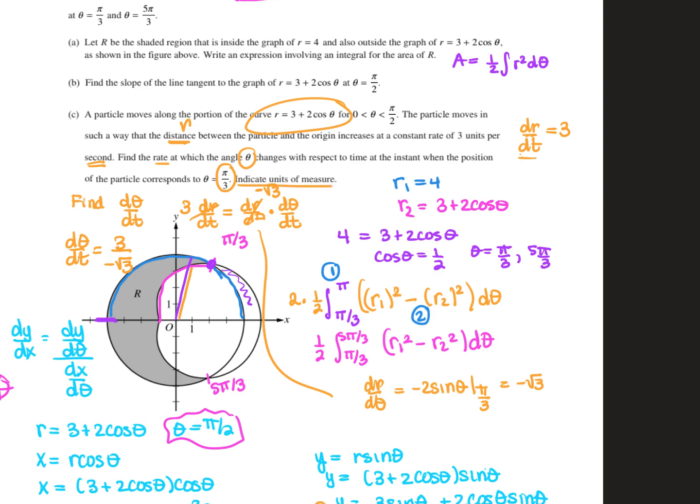Make sure you use the units: radians per second. That is also worth 3 points: 1 for writing a relationship between the 3 derivatives, 1 for finding d theta/dt, and 1 for finding dr/d theta.